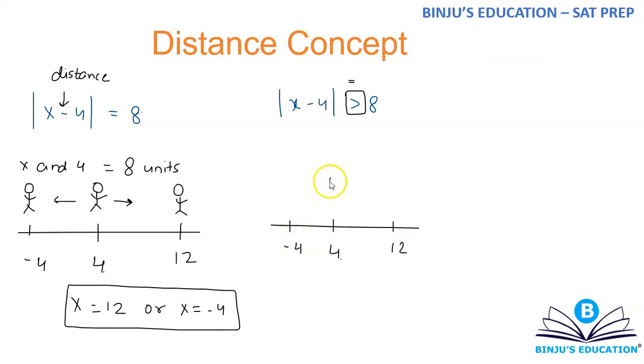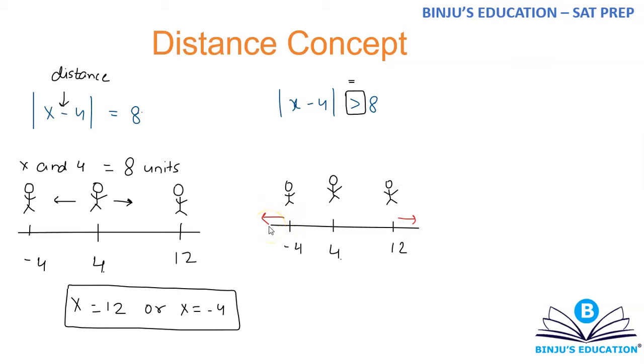If you start from 4 and reach either 12 or -4, how much distance would you have covered? You would have covered 8 units either way, right? But is the actual question about distance equal to 8? No, I need a distance greater than 8, which means I'll have to go to the right of 12 and to the left of -4.